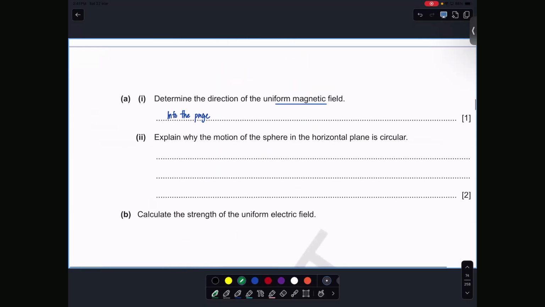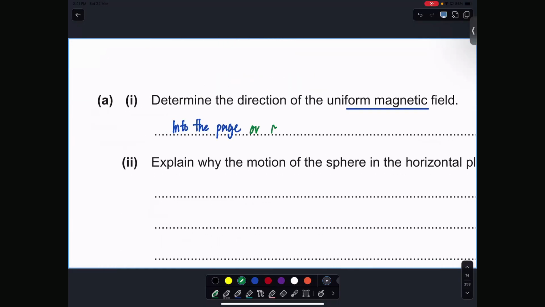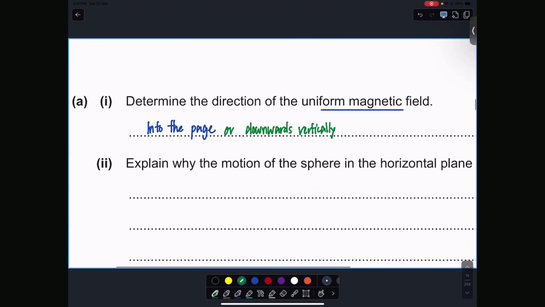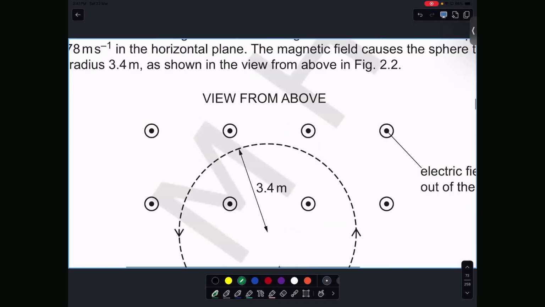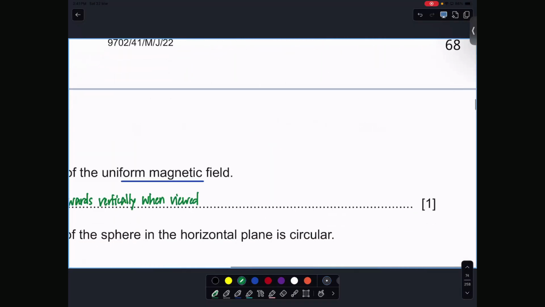So into the page or downwards vertically when viewed at a key view from the side.